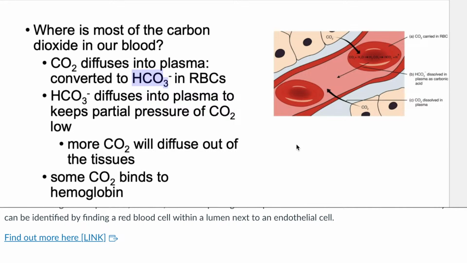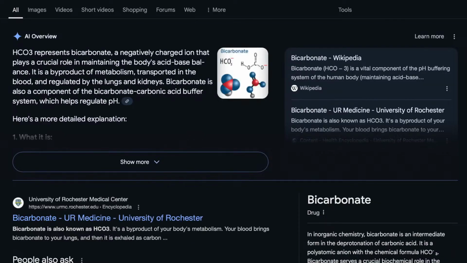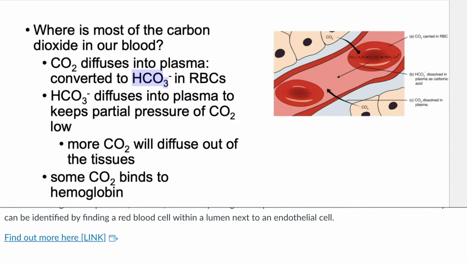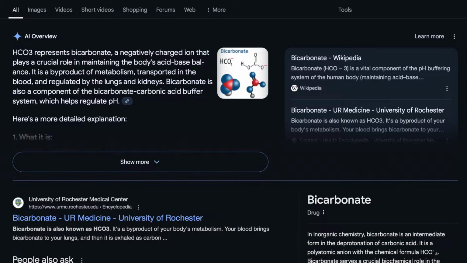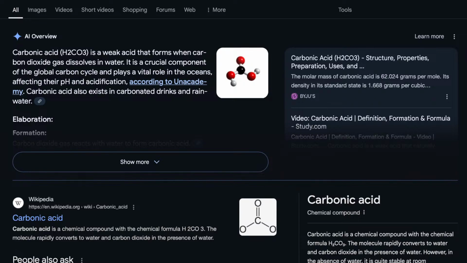Carbonic acid versus bicarbonate? I'm trying to think of a mnemonic here for the H2CO3 and the HCO3, because bicarbonate and carbonic are too alike for me.